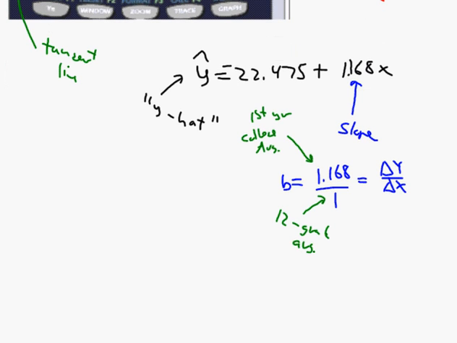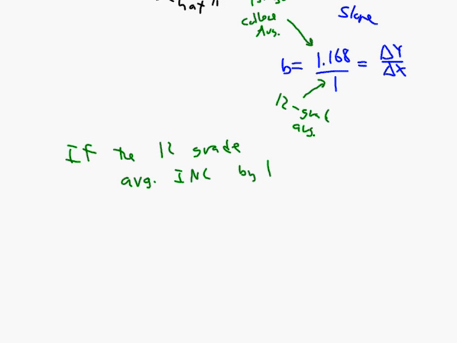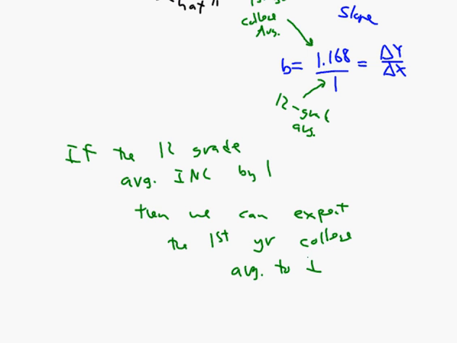You can say the following: if the 12th grade average increases by 1, then we can expect the first year college average to increase by 1.168.